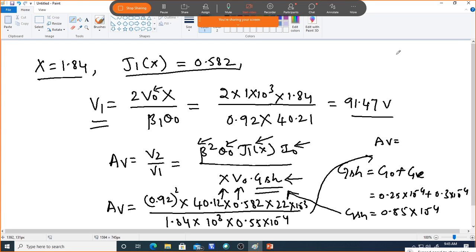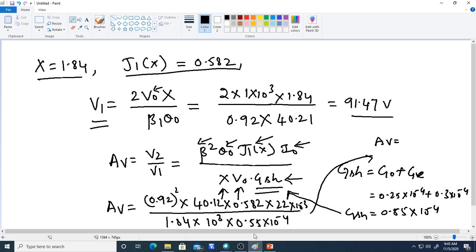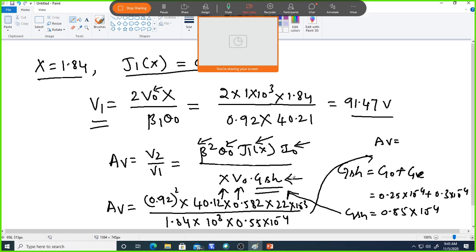What is the value of AV? So 4.38. Okay, so the value of AV is 4.38.